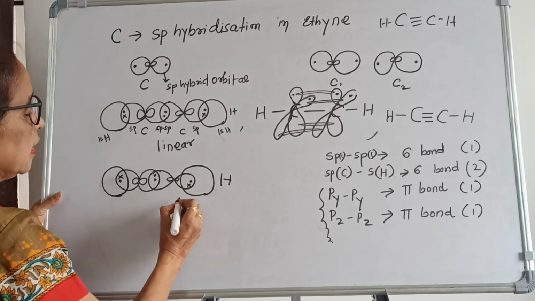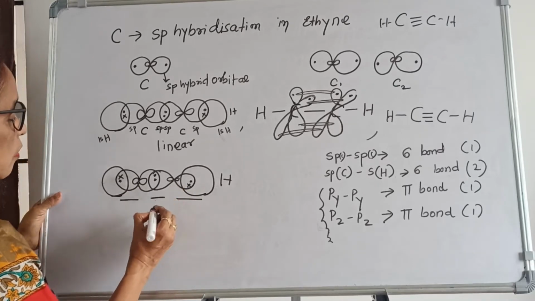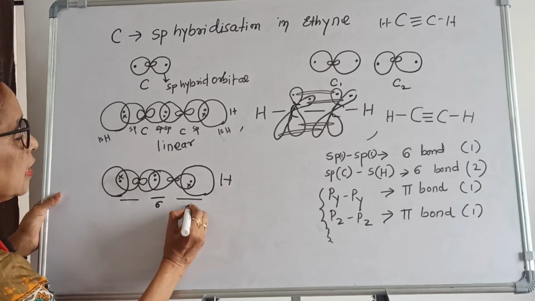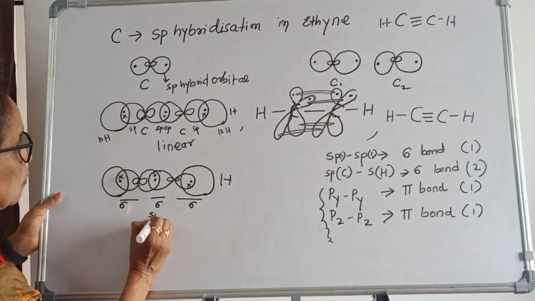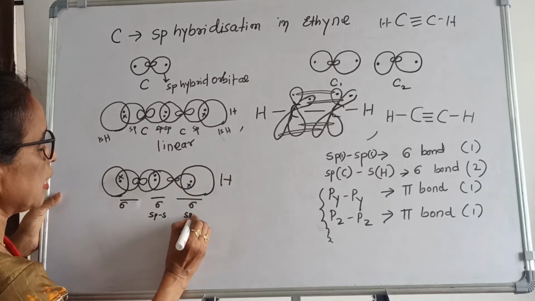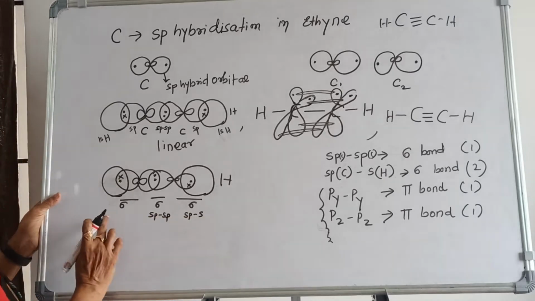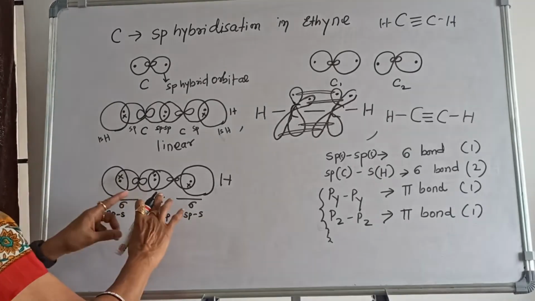That means here this is one bond, this is one bond, this is one bond, and all are sigma bonds. But this sigma is sp-sp, this sigma is sp-s, and this sigma is sp-s. Are you clear?